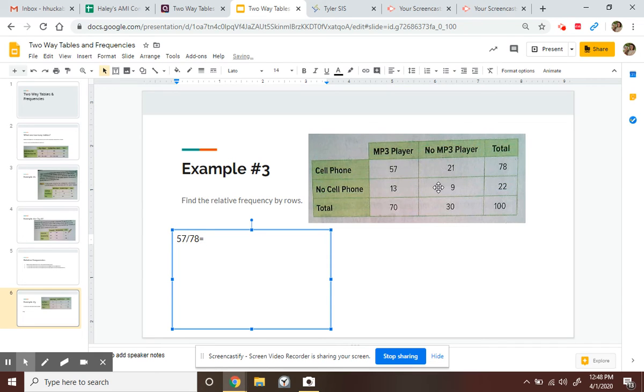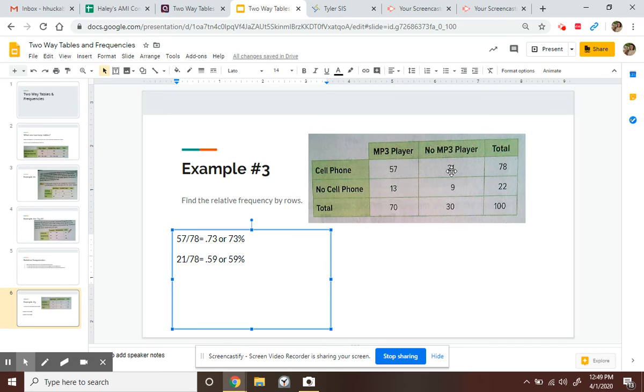If you take 57 divided by 78, you get 0.73. So that would be 73%. Okay, then I do it for 21. So 21 divided by my total is 78. That is 0.27, or 27%.